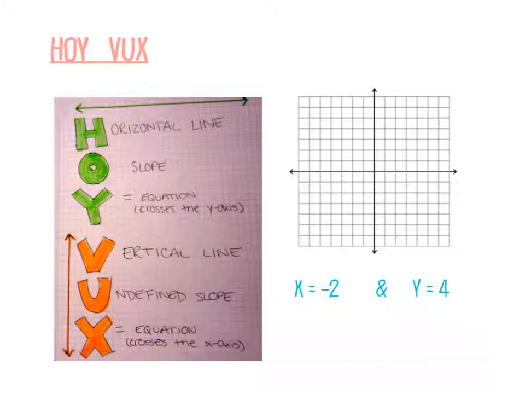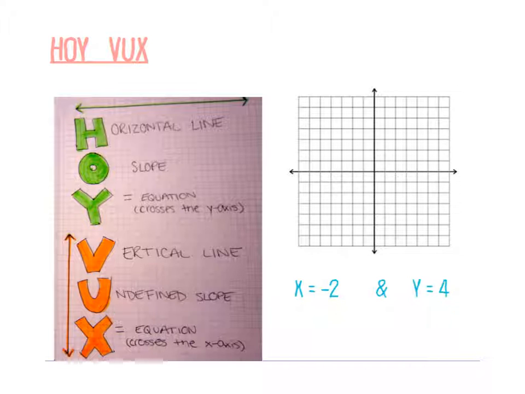Horizontal lines have a 0 slope, and their equations look like y equals some number. So it'll be a horizontal line that crosses the y-axis at whatever number is sitting here. Vertical lines have undefined slope, and their equations are x equals some number. So that's going to be a vertical line crossing the x-axis at whatever number it equals.